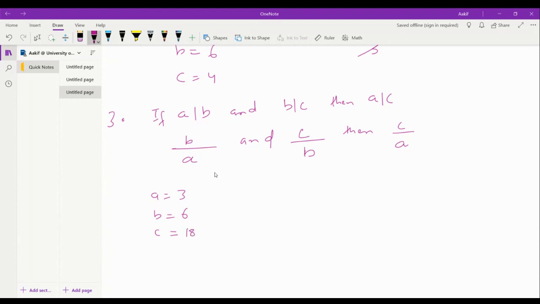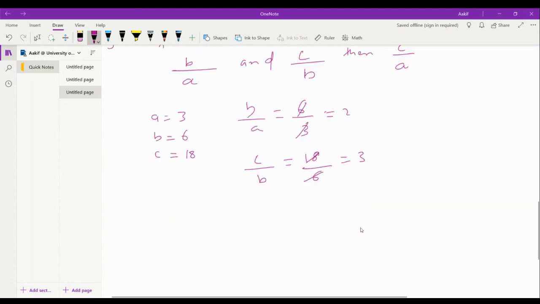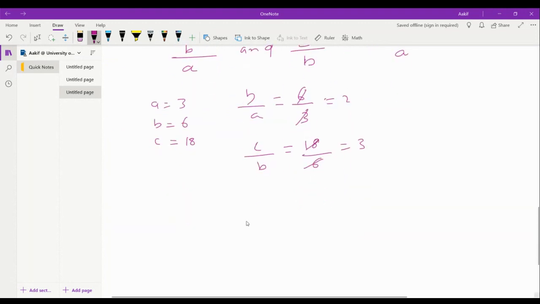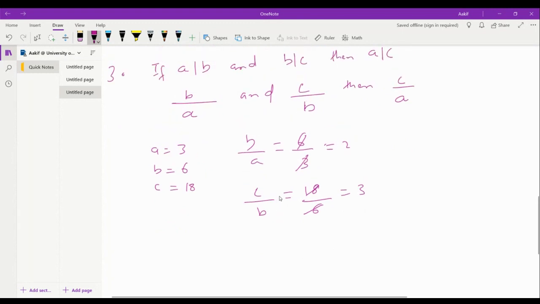Then in that case, B by A is equal to 6 by 3, which is equal to 2, and C by B is equal to 18 by 6, which is equal to 3. Then let's see whether C is divisible by A or not.